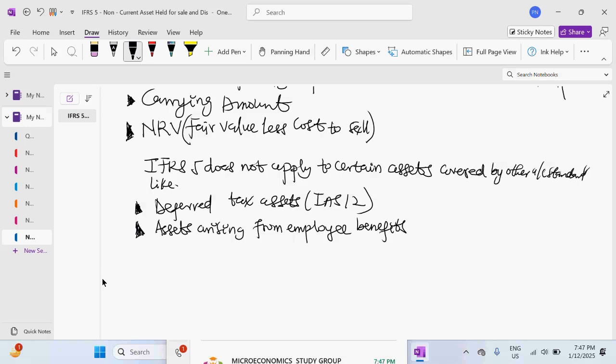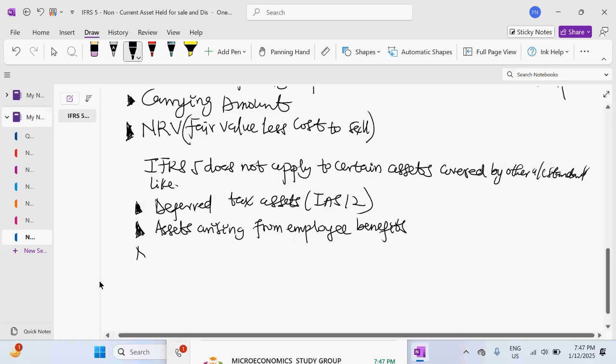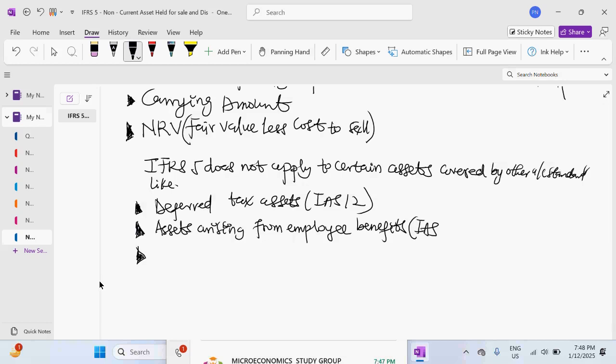So now, IFRS 5 does not include the following assets that I'm talking about. Assets arising from employee benefits, that will be IAS 19.